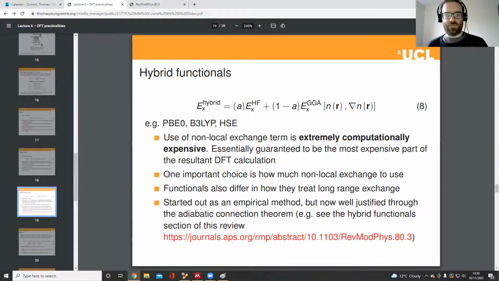But there is an important choice in terms of how much of this non-local exchange we should include in our calculation. And there are also important differences in the way these functionals treat exchange at short and long ranges. Originally, hybrid functionals started out as someone having kind of realized that if you mix these things together, you get better results.